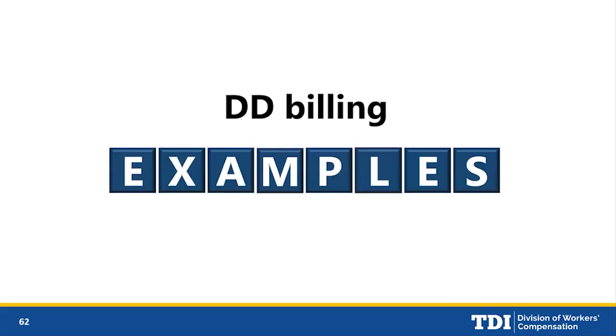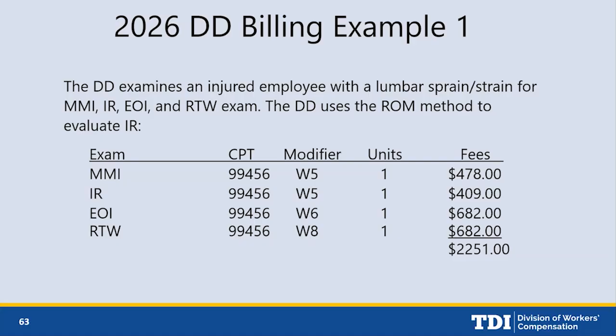So here's some concrete billing examples for designated doctors. This is an example of a bill where the injured employee has a lumbar strain for several disputed issues. The order said we're to address MMI, impairment rating, extent of injury, and return to work. So lots of questions about this injured employee. The designated doctor has chosen to use the range of motion model to evaluate that one body area.